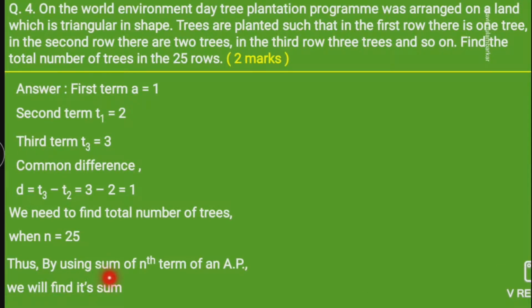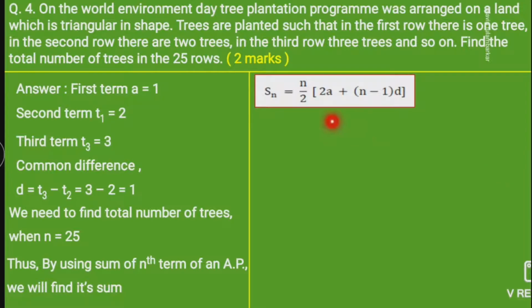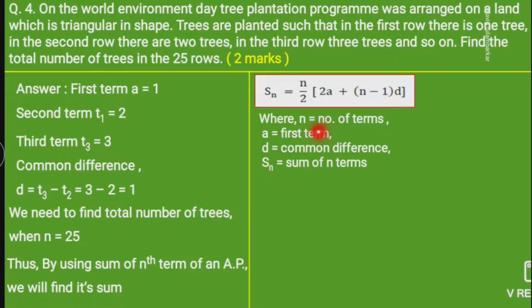Thus by using sum of n terms of an arithmetic progression, we will find its sum. So we use the formula Sn equals to n by 2 into 2a plus n minus 1 into d, where n equals to number of terms, a is the first term, d is the common difference, and Sn is the sum of n terms.